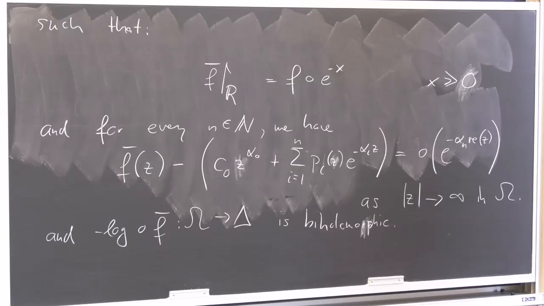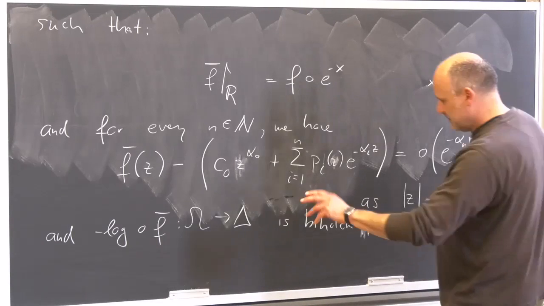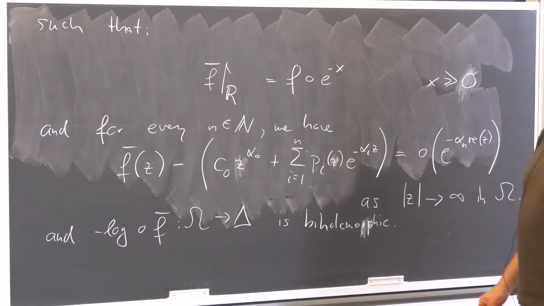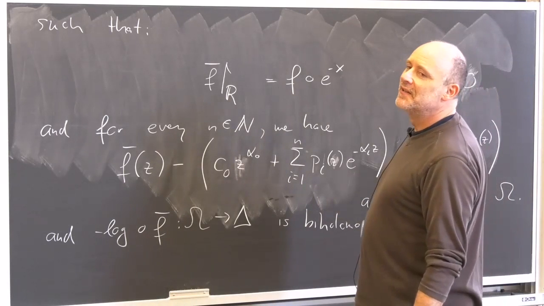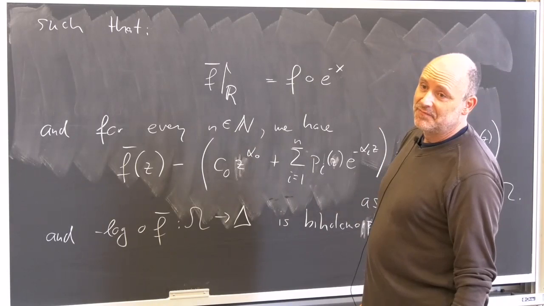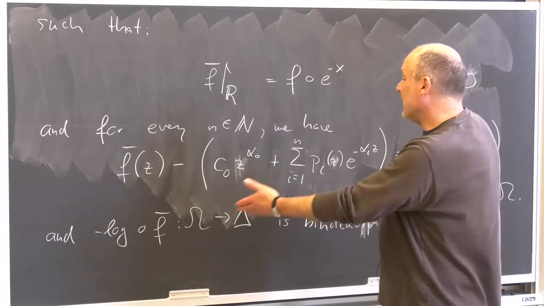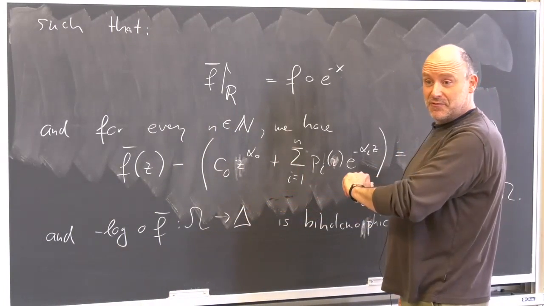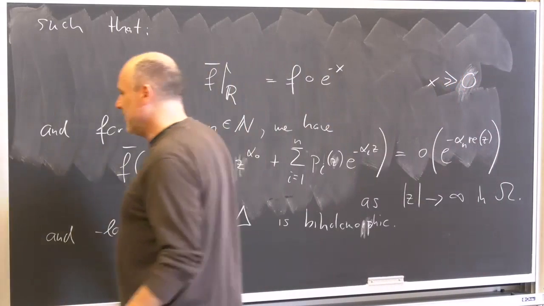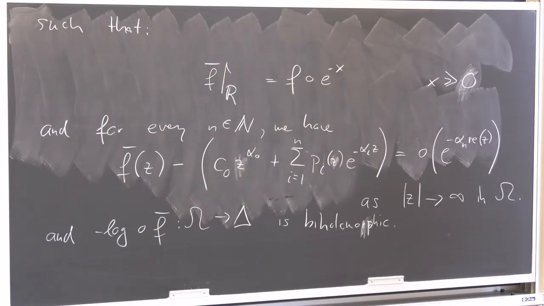Biholomorphic really meaning it's a bijection and the inverse is also holomorphic. That is very strong. But it doesn't matter for his definition of almost regular. You can get everything out of it that he wants.